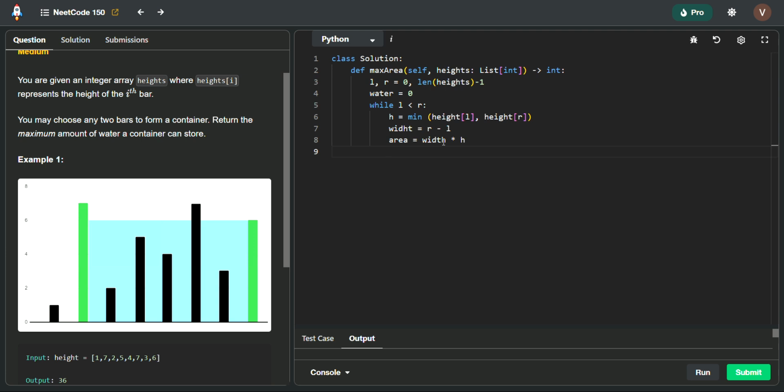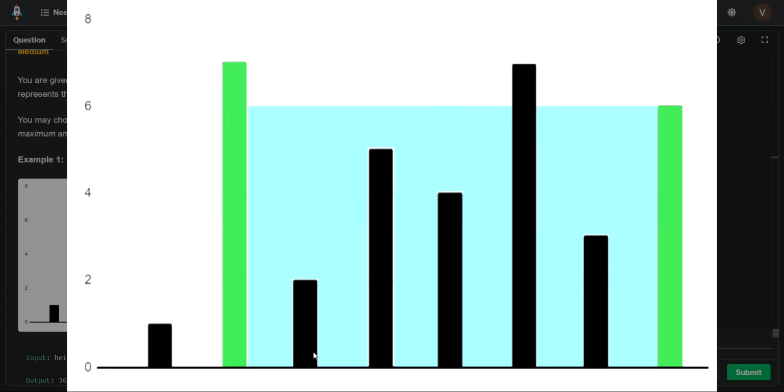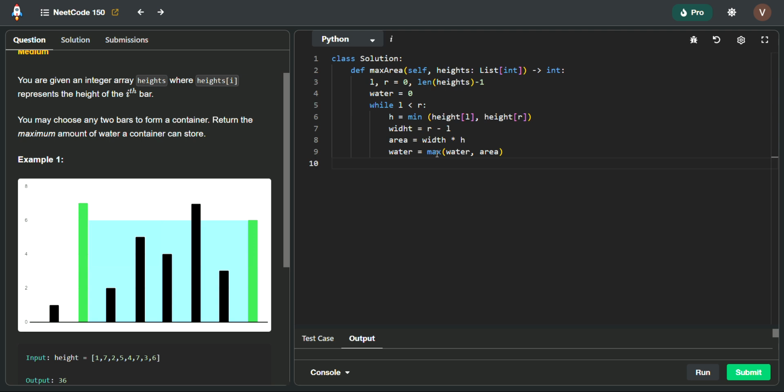Now we say water is equal to the max of water, comma, area. Because let's say we calculate the water for this area from here to here, it's obviously not the best case. So we move our left pointer from here, and then we calculate our water for this area. So we want to return the max, right? That's what we're doing.